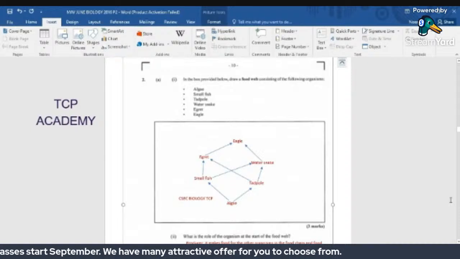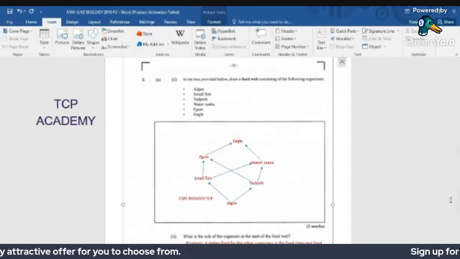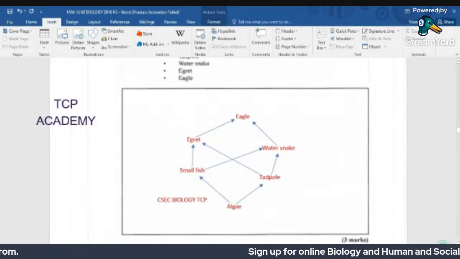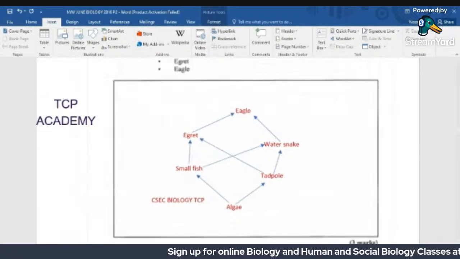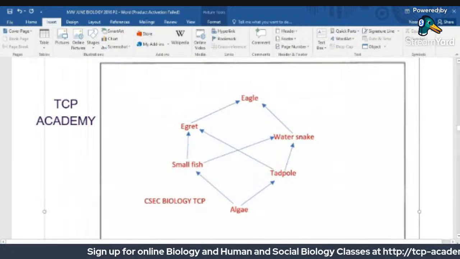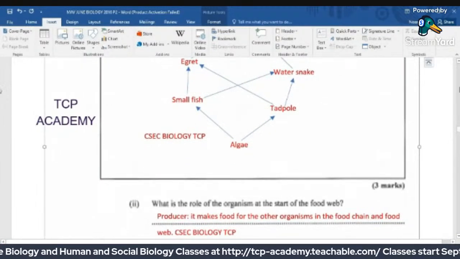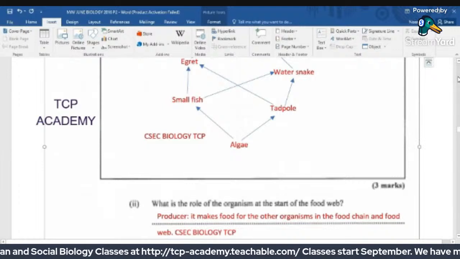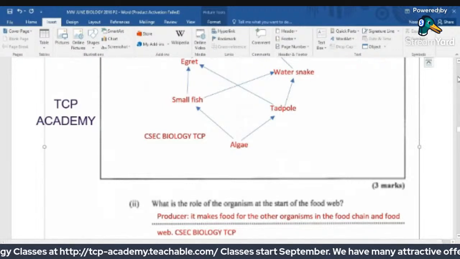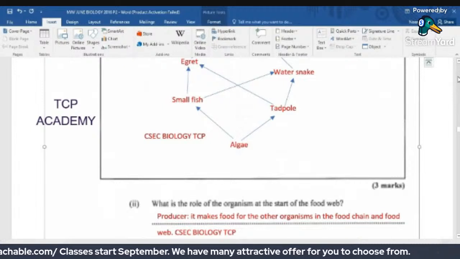Now we want to know the role of the organism at the start of the food web. This is very interesting. When we talk about the role of the organism, we are looking at how it feeds. So how does it produce or get food? Here the role of the organism at the start of a food web is going to be the producer.